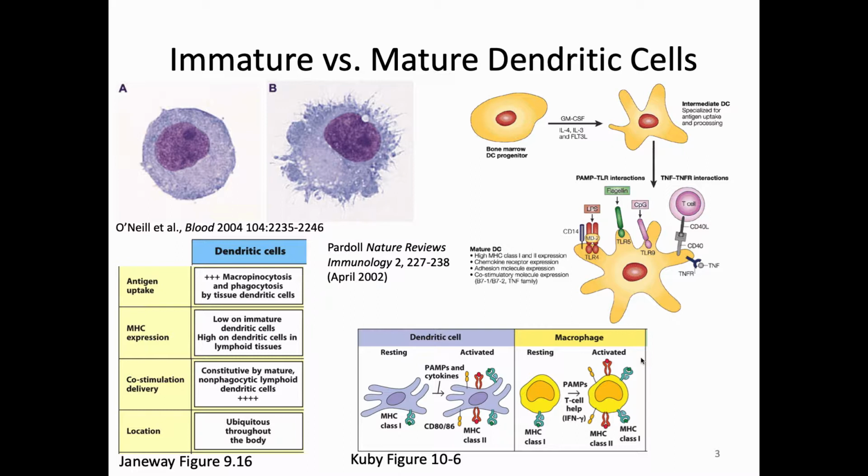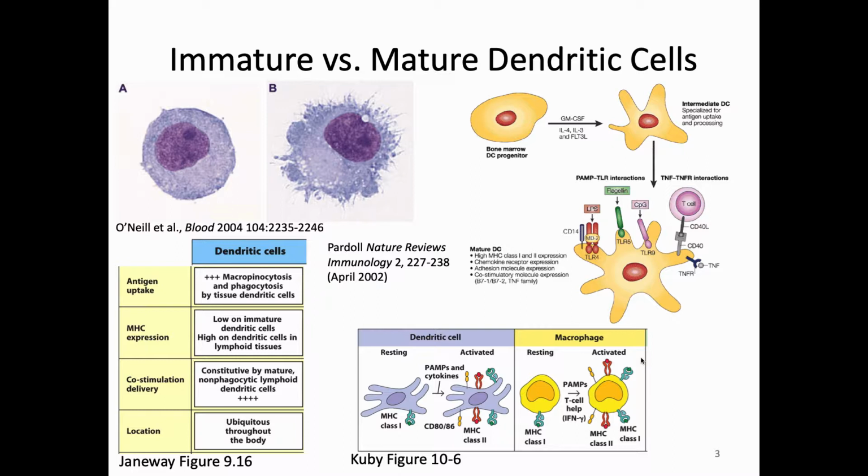So it's going to go from this nice little blobby thing with not too many proteins on its surface to this cell with lots of stuff on its surface, including way more MHC and a lot of other proteins that could be really helpful for turning on T cells. So now our cell has gone from a super good phagocytosis cell to a super good T cell stimulator cell because it has so many proteins on its cell surface.